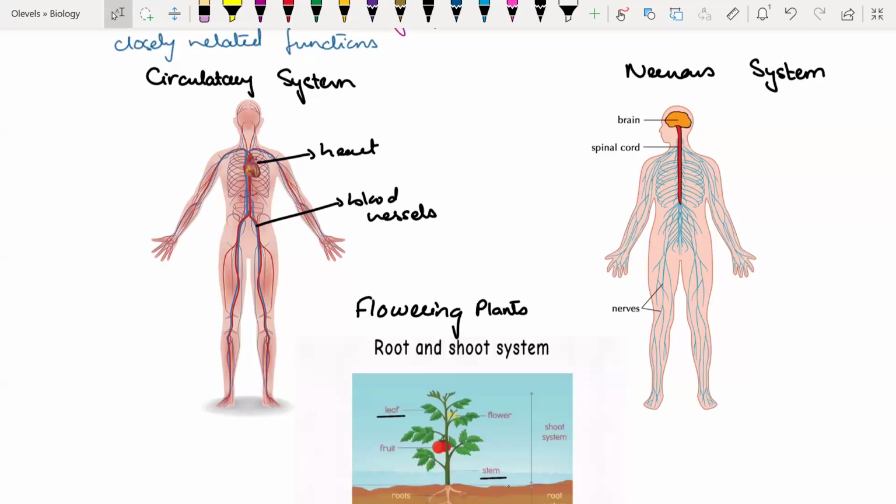Then comes the nervous system. Could you tell me, any one of you, what is the purpose of the nervous system? Ma'am, it transports nerve impulses to all parts of the body.